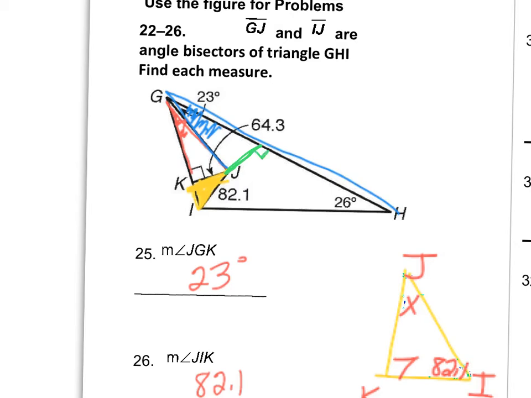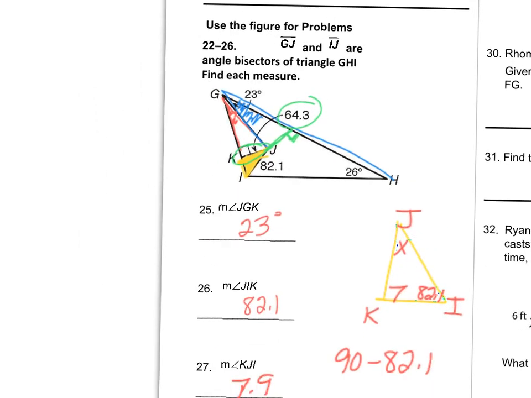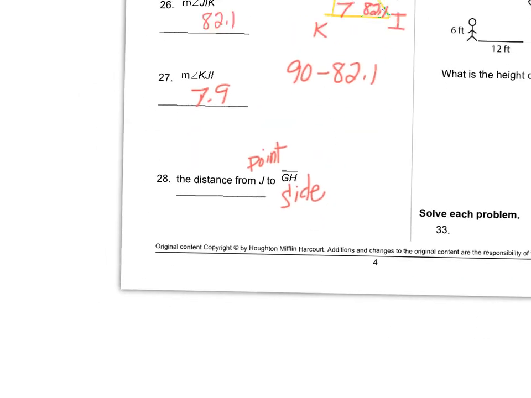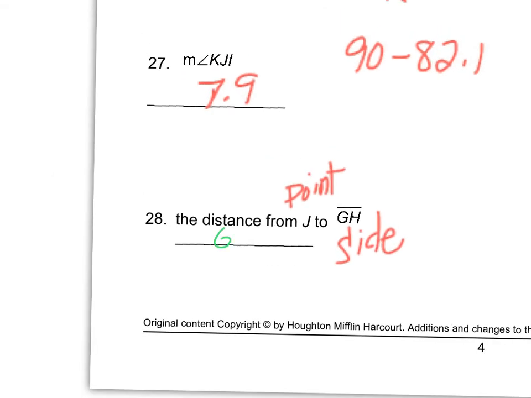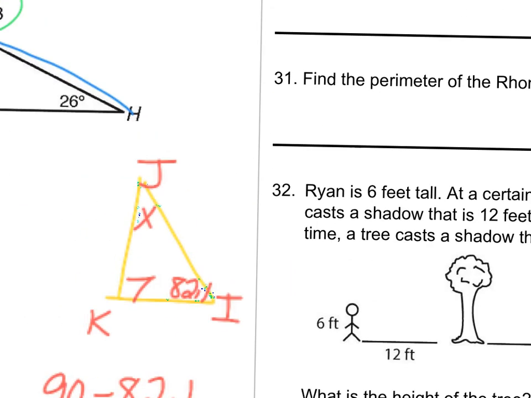And we'll have a right angle there as well. And since we know the other one from J to JI, they're actually the same. So these two measure the same. And we know that measurement, which is 64.3. So pretty easy problem. Our answer is 64.3. Number 29.